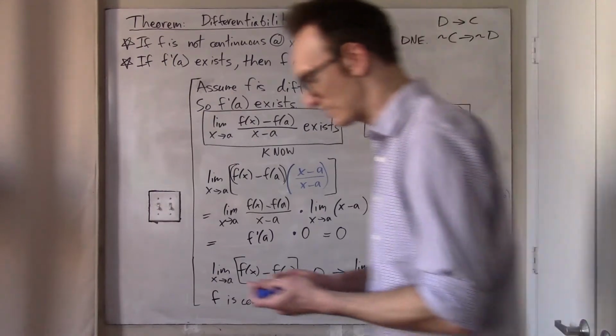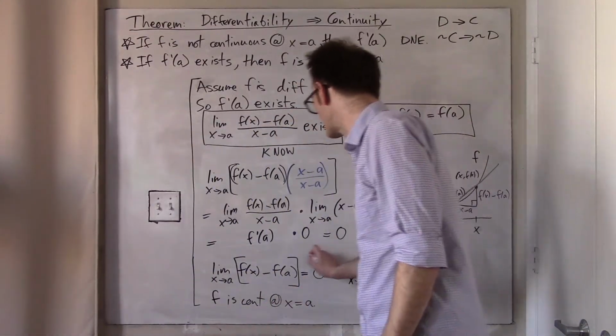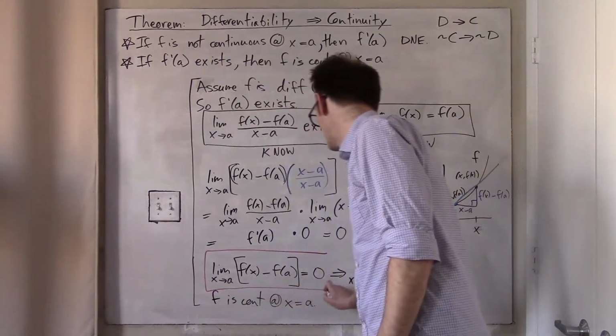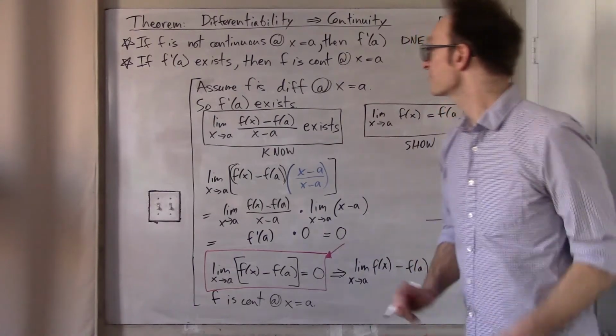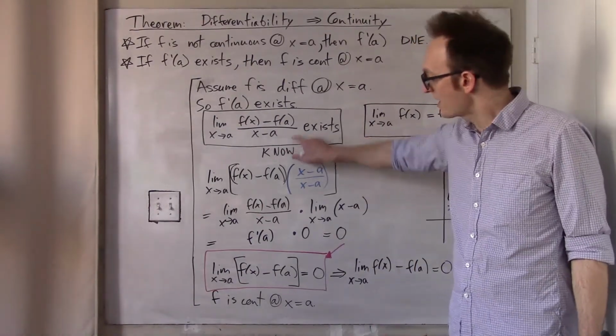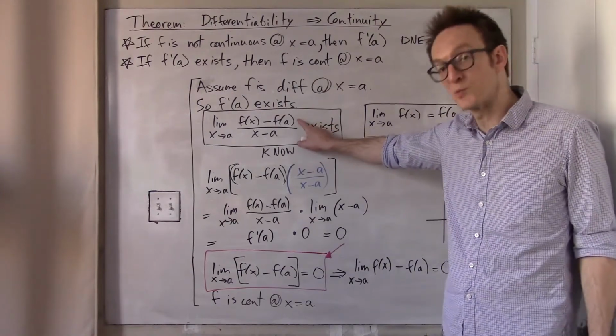So the proof is done. The only real understanding that's needed is this one. You should be looking at this and saying, if this derivative exists, then I know that this limit is 0, because that's just saying that the numerator goes to 0.